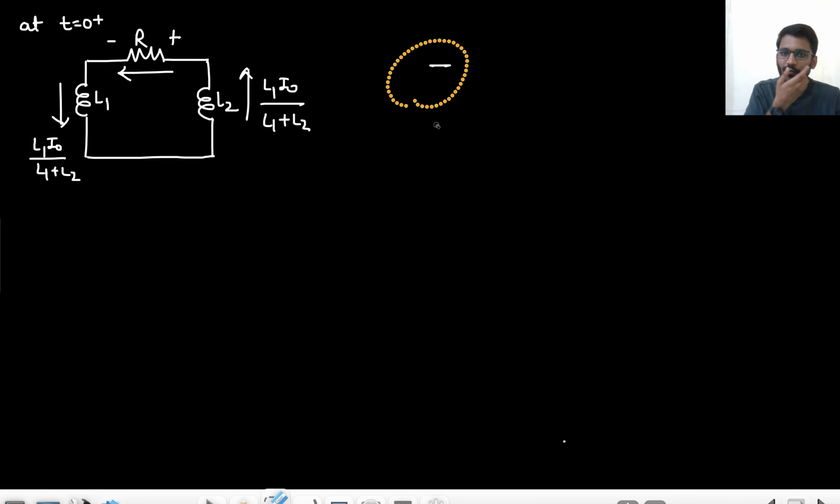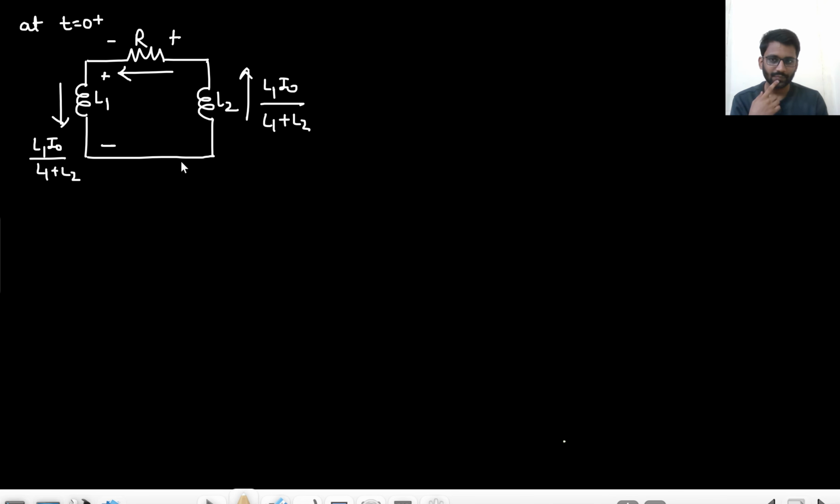So if current is flowing from up to down, the voltage drop across it is like this, right? And what about this? If the current is flowing from up to down, the voltage drop is like this. So because of the current, voltage drop is like this.